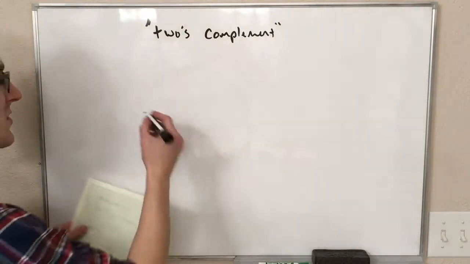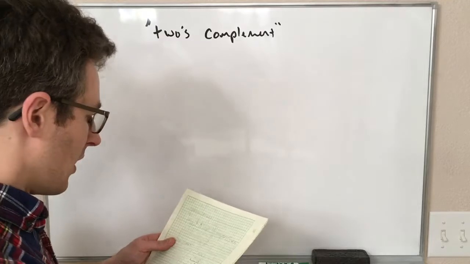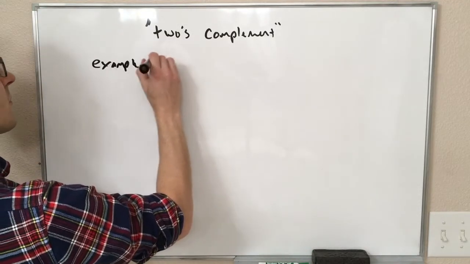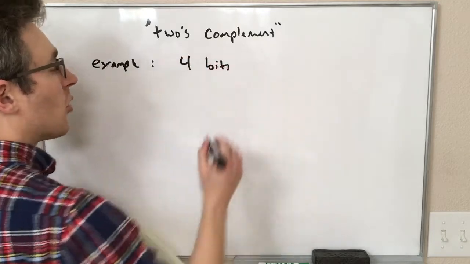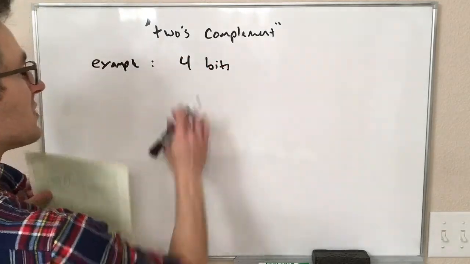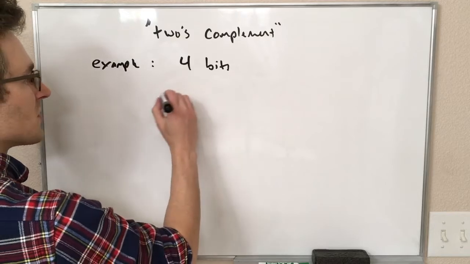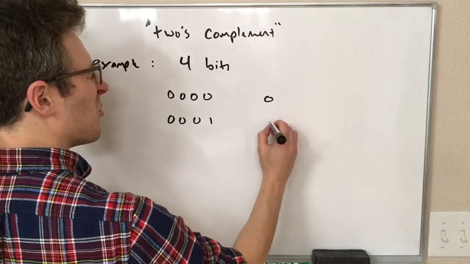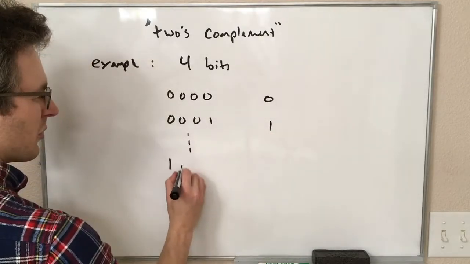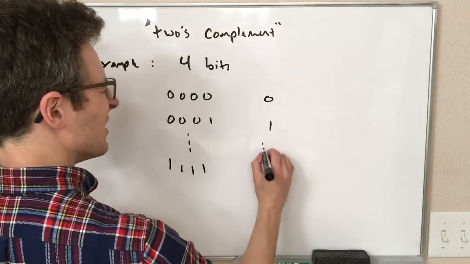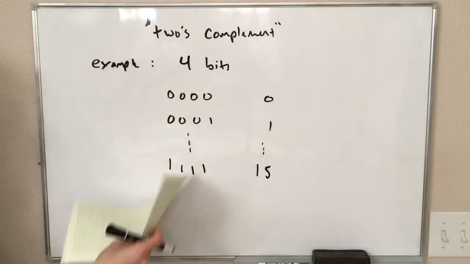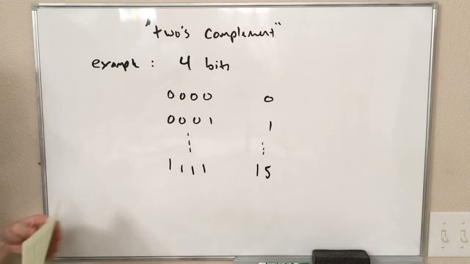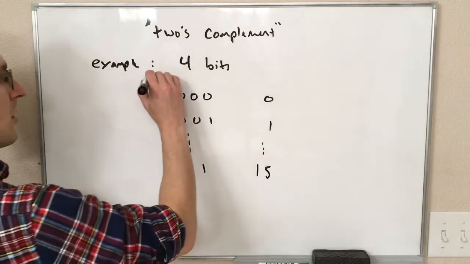In other words, if we have, for example, a 4-bit number, normally the way these 4 bits would be interpreted is, 0, 0, 0, 0 is 0. 0, 0, 0, 1 is 1, and the highest number we can have is 1, 1, 1, 1, which is 15, right? As the counter counts upward, we go up to 15. So this is an unsigned integer.